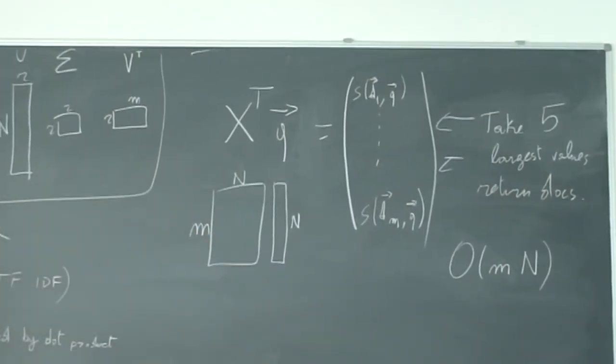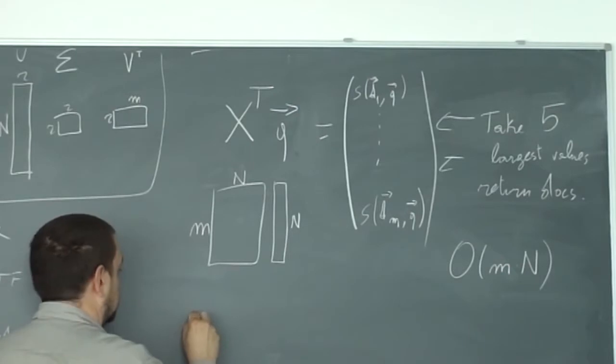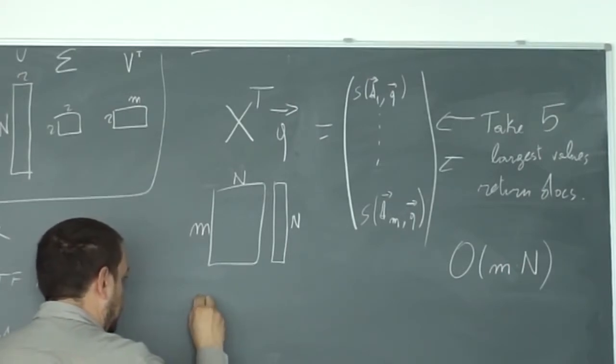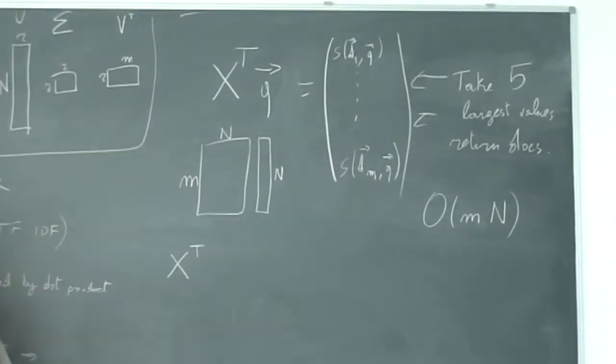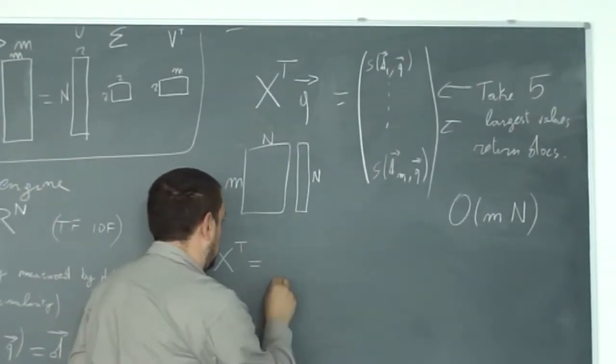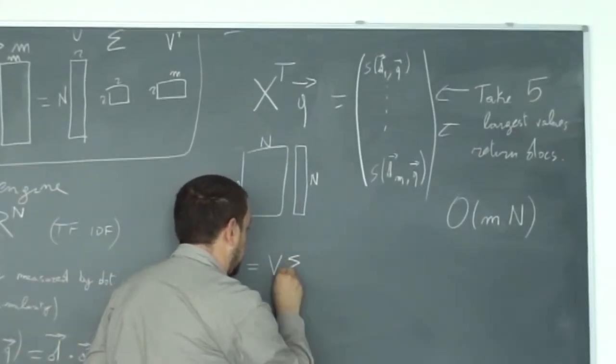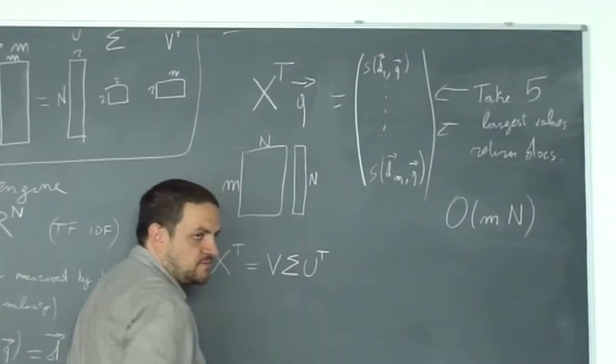Now let's consider the singular value decomposition of X. We can write X transpose as V sigma U transpose.